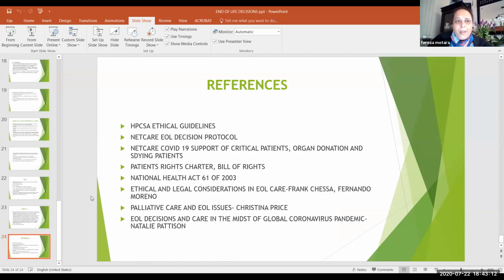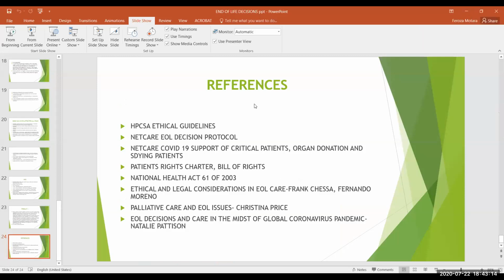Just with regards to transplant, I want to make it clear that we are still doing organ donors, as long as they're COVID negative. Please phone the coordinator and allow us to assess the patient. Remember that a patient who has been COVID positive for more than 8 to 14 days is probably COVID negative.